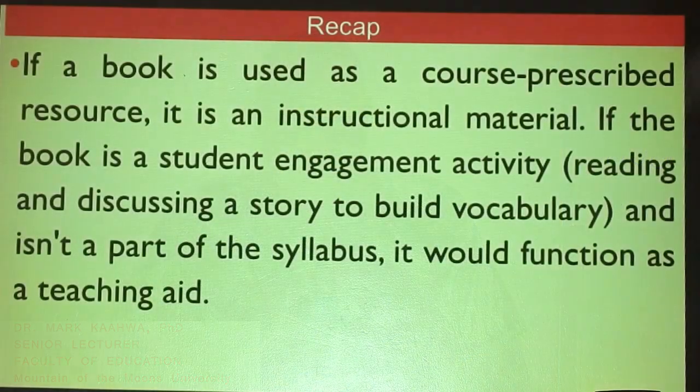Now, of course, we say that if a book is used as a course prescribed resource, it is an instructional material. If the book is a student engagement activity, reading and discussing a story to build vocabulary, and isn't part of the syllabus, it would function as a teaching aid.